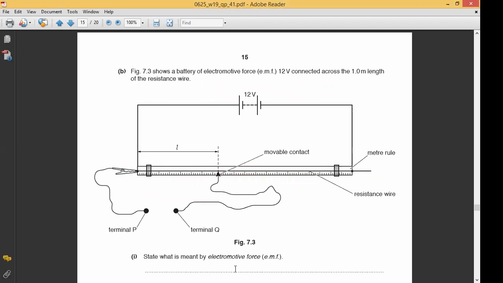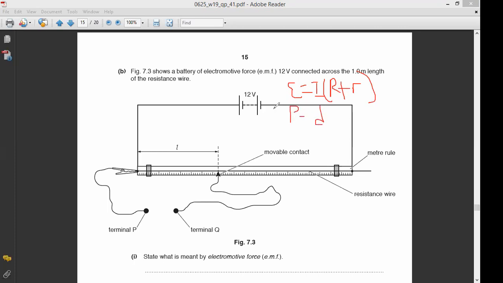But the formulas for electromotive force and potential difference could be different depending on what you have. For example, the electromotive force has a formula of E equals I times big R plus small r. Potential difference is also measured in volts, so you can still use V equals IR.